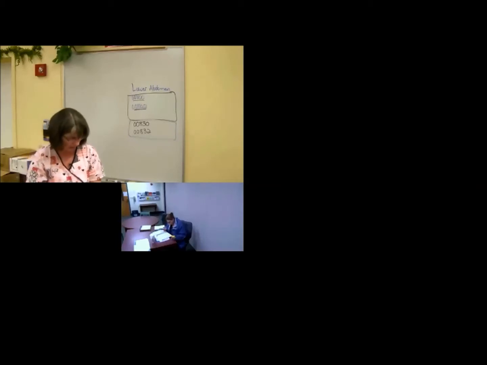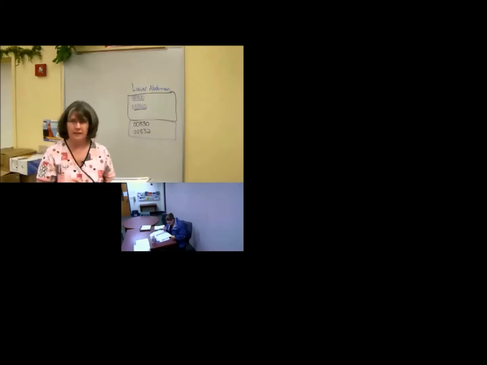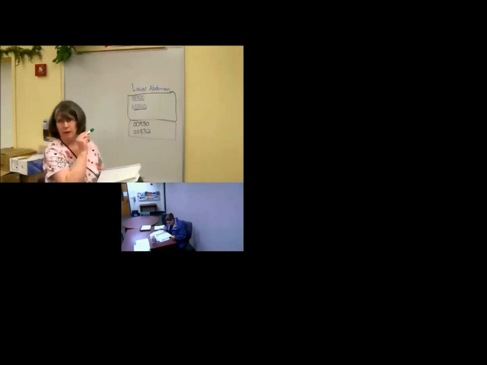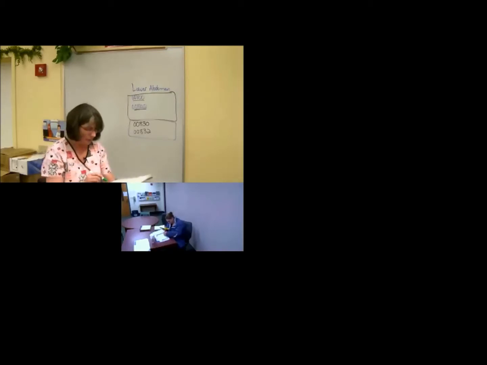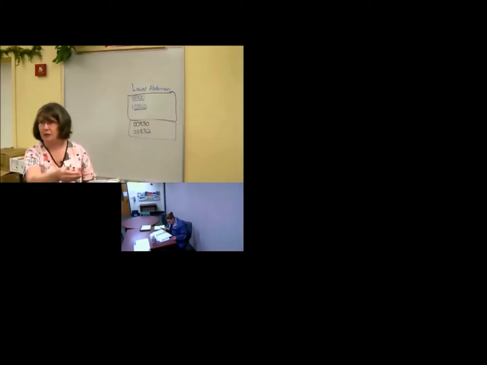If we look down at 00840 through 00851, guess what? I would put a big bubble around those because those all go together. Because 00840 is the parent code, the major code, and everything after it applies to it.